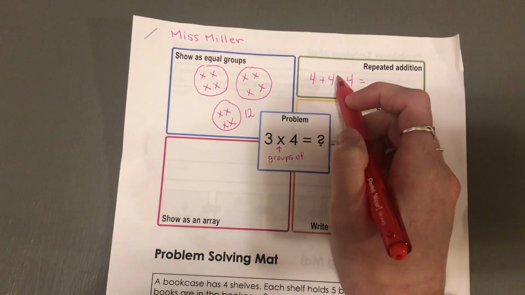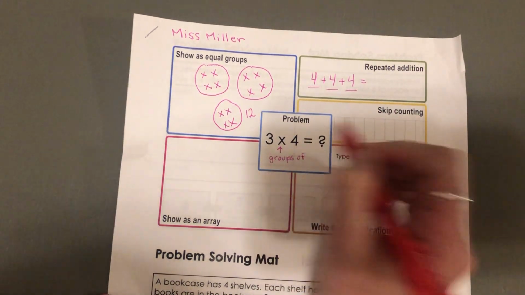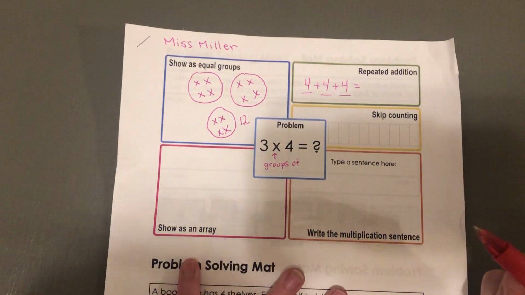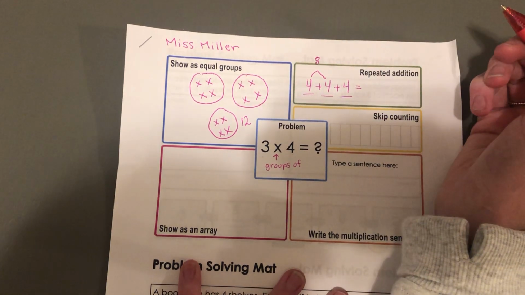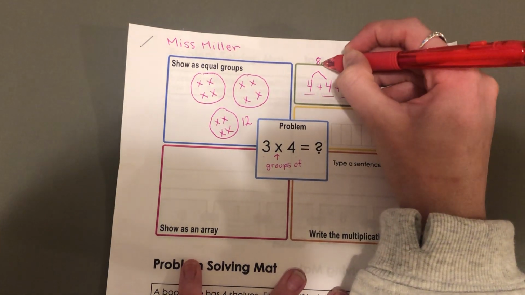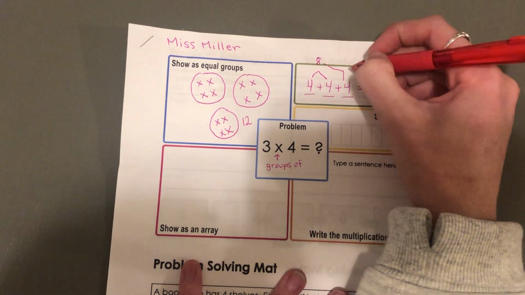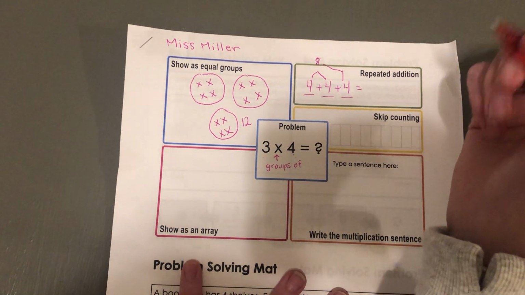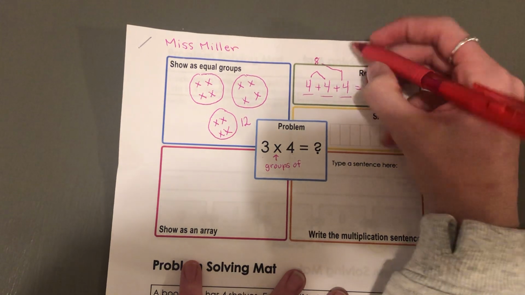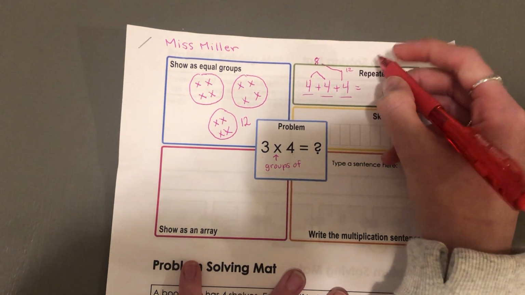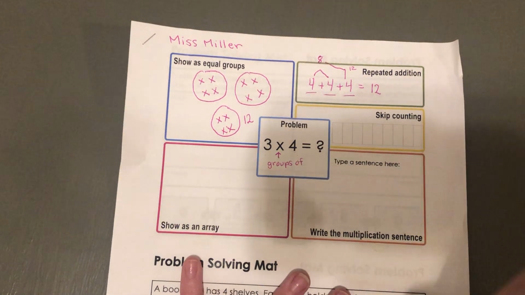Now I've got the number 4, and I've got it 3 times, so I know that I used both parts of this equation. Now I know that 4 plus 4 is 8, and then we have to do 8 plus 4, and 8 plus 4 more would be 8 plus 2, which is half of 4, is 10. So when I add 2 more, I get 12. So 4 plus 4 plus 4 would equal 12.